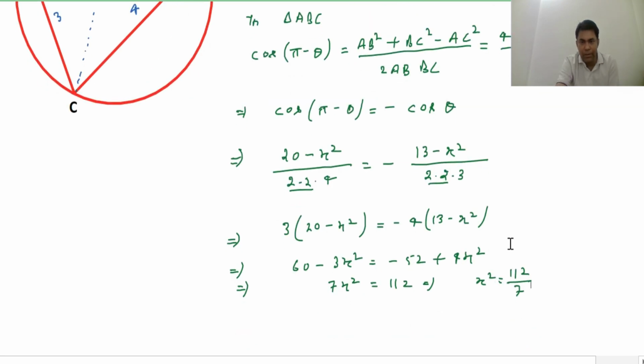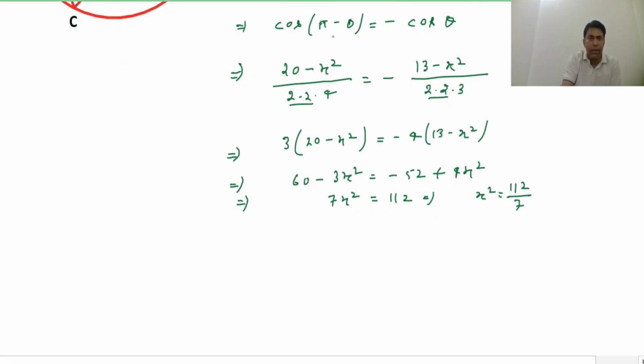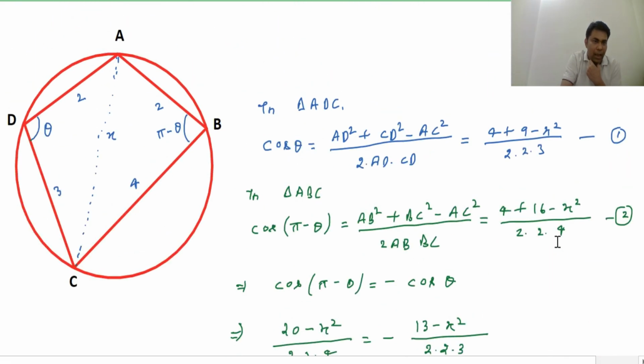If we simplify, then we will have x square is equal to 16. From here, we will have x is equal to 4. That means the side AC is 4 units. So x is equal to 4.